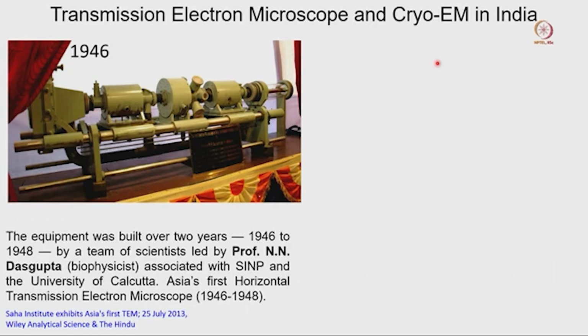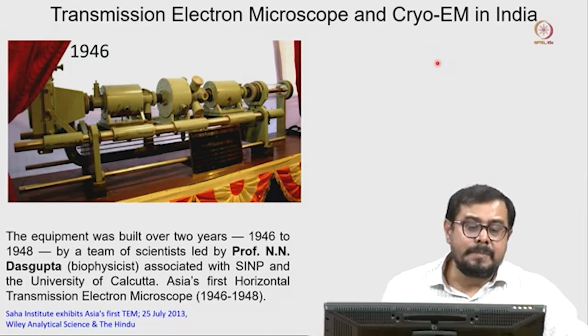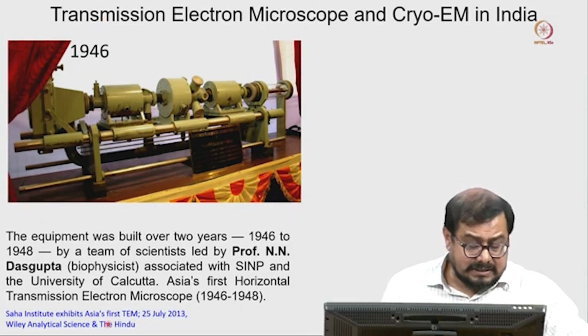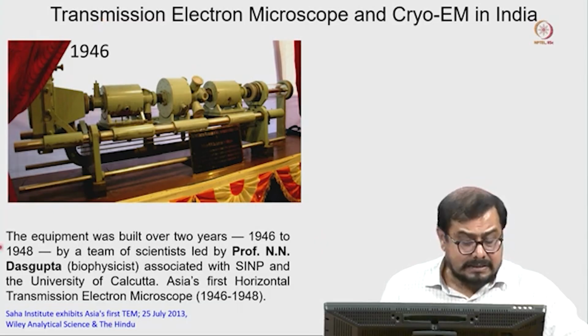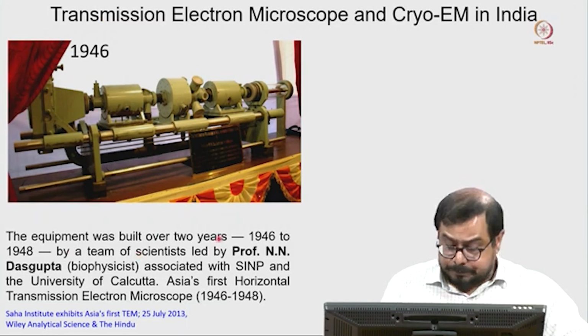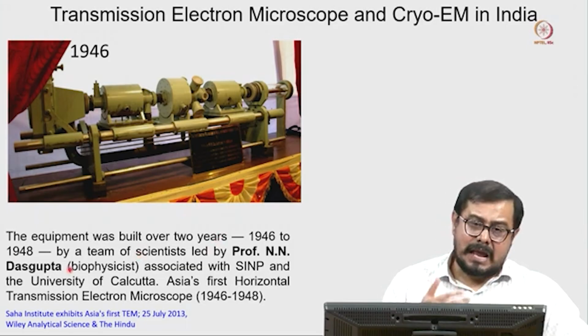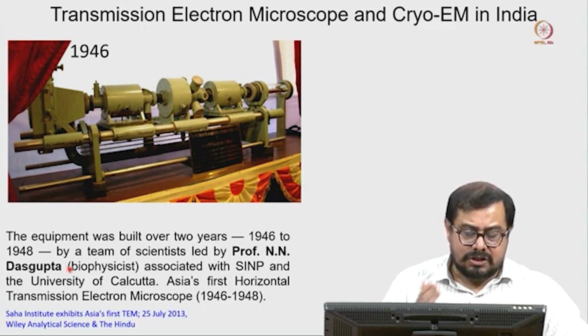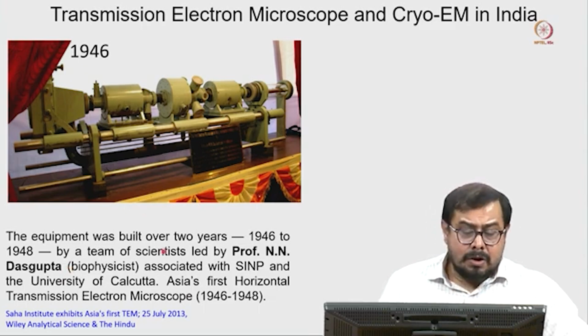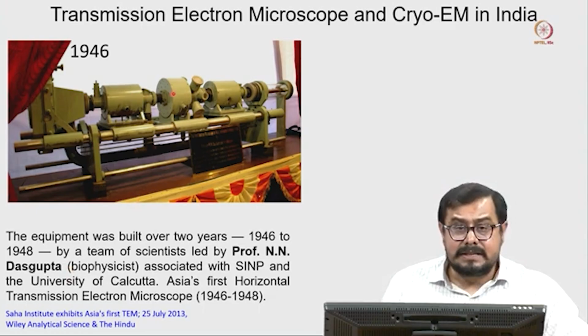As I mentioned, Ernst Ruska first discovered the electron microscope, and then we are all using it. But when it started in India, if we look at 1946, even before our independence, during 1946 to 1948, Professor Enan Dasgupta, a professor at Calcutta University as well as at Saha Institute of Nuclear Physics, invented a horizontal microscope.